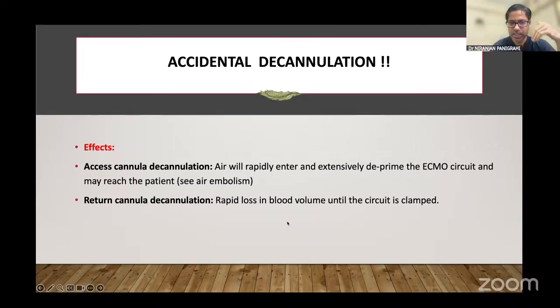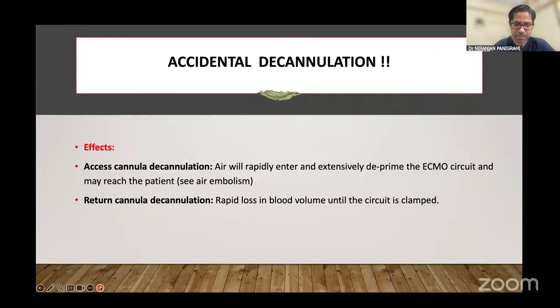Suppose the return cannula is decannulated, still it can cause death, but not in seconds, but definitely in minutes. It will cause devastating blood loss. If you are running ECMO at 4.5, then 1 minute is sufficient to bleed out the entire patient's blood volume. So decannulation, either access or return, both are devastating.